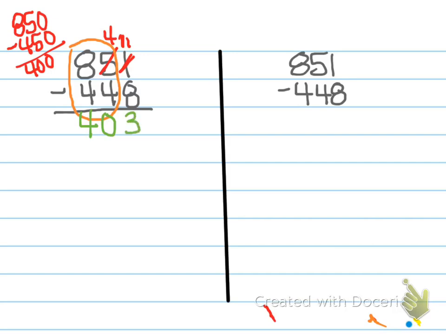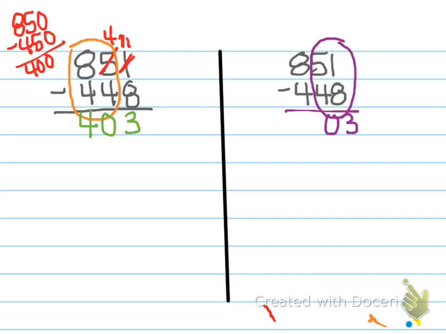But look at it another way also. You could also do the problem by combining 51 and 48. What does that equal? Count up or count down. You're right.